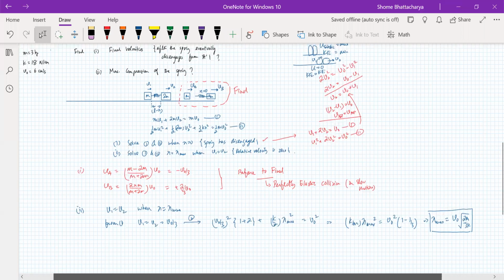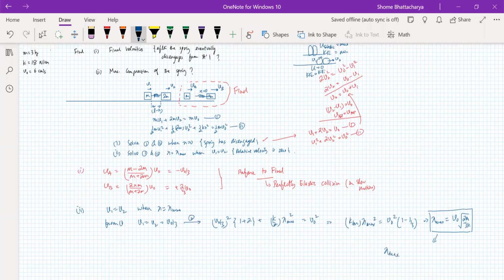See, if you were to convert this to SI units so that you get X max in meters, you would be doing this.